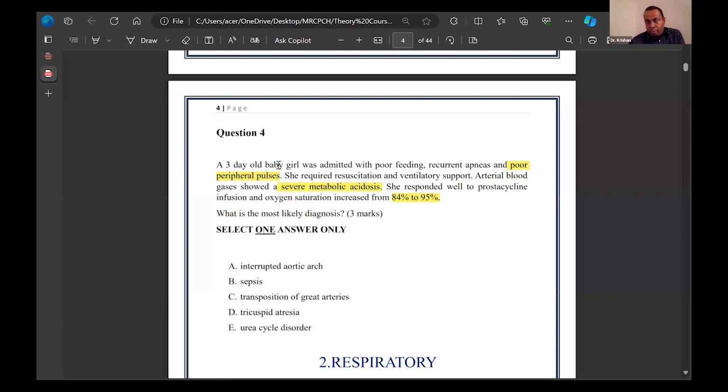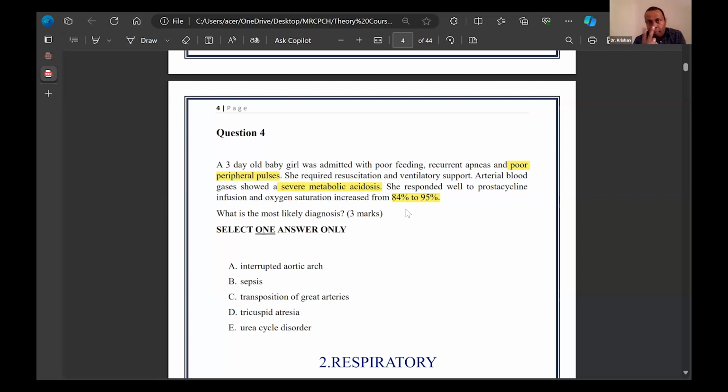That PDA probably is closing now. When PDA closes and you give prostaglandin, it reopens. So that is why prostaglandin therapy has been beneficial for this baby. If we understood that much, you know that this is a duct-dependent circulation.